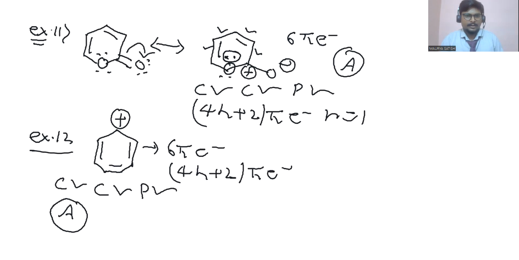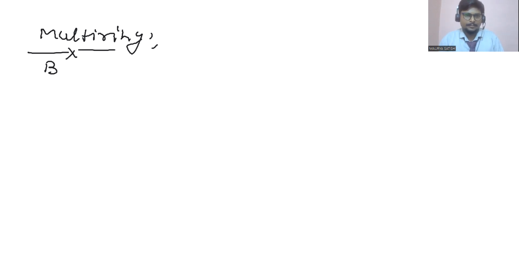So let us see more examples. Multi-ring. Let us discuss multi-ring. In multi-ring, bicyclo type compounds. So let us see the examples.